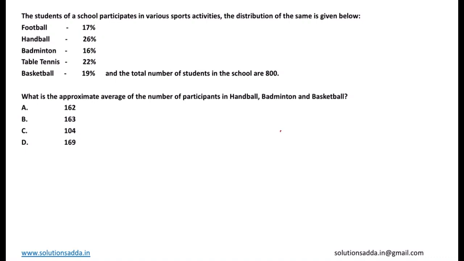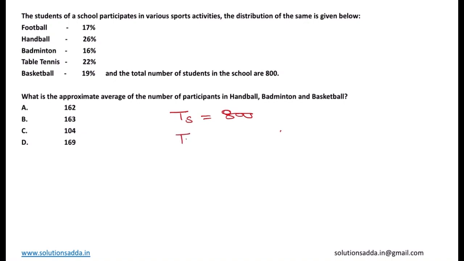So the question which follows is, what is the approximate average of number of participants in handball, badminton and basketball? So given to us is total number of students is 800. So for finding the average of number of participants in handball, badminton and basketball, let us find the number of participants in handball, badminton and basketball.